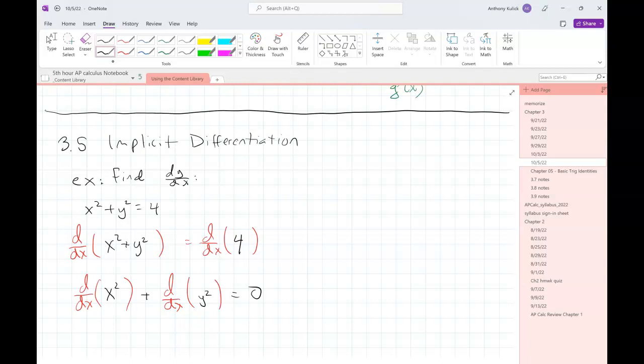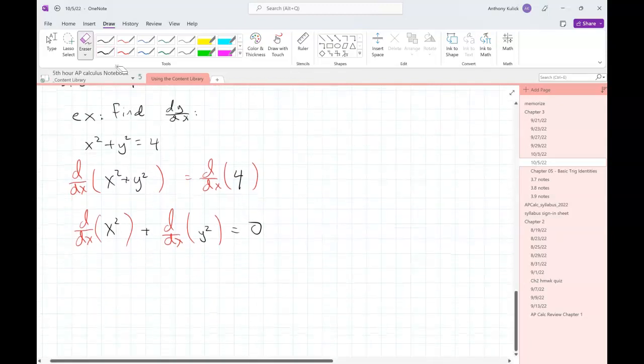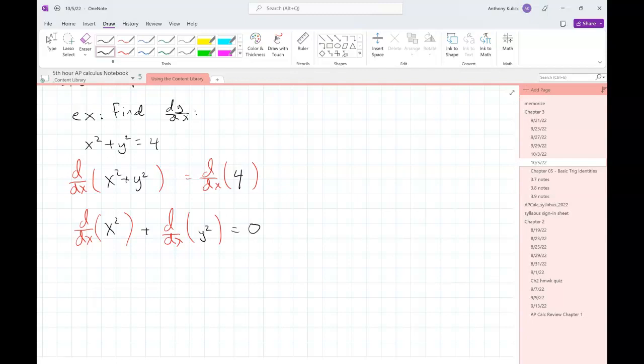Everybody happy with that? Okay. Now, what's the derivative of x squared with respect to x? 2x. Okay. And what's the derivative of y squared with respect to x? 2y. Close. You're missing something, though.